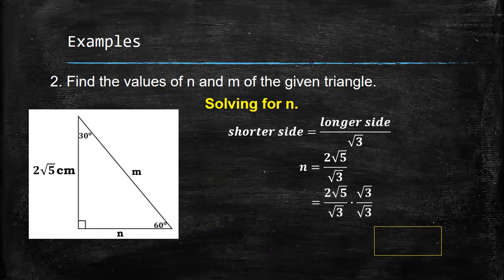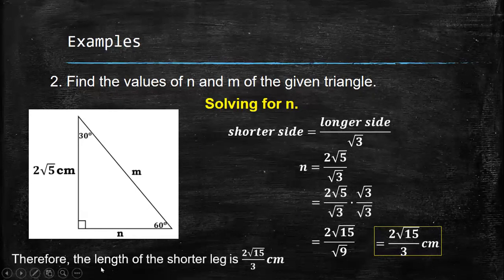So we have 2 square root of 5 over square root of 3 times square root of 3 over square root of 3. 2 square root of 5 times square root of 3 is 2 square root of 15. And square root of 3 times square root of 3 is square root of 9. Since we can simplify square root of 9, we extract it and get 3. So our answer here is 2 square root of 15 over 3 centimeters. Therefore, the length of the shorter leg is 2 square root of 15 over 3 centimeters.